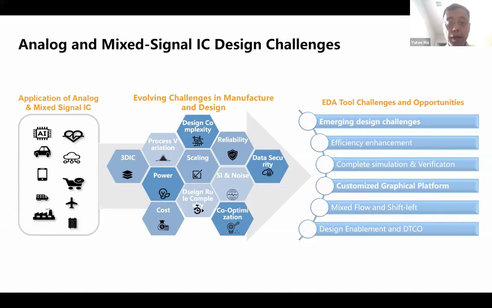So we have to check after 10 years, 20 years, or even 50 years, how the chip's behavior looks. So we have to do the reliability simulation. Also, ESD protection, signal integrity, and power integrity, all those problems, circuit checks, impose big challenges for analog and mixed signal design and verification.